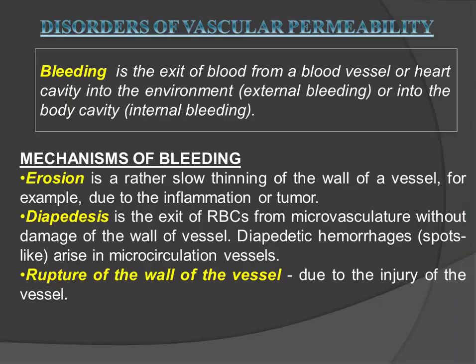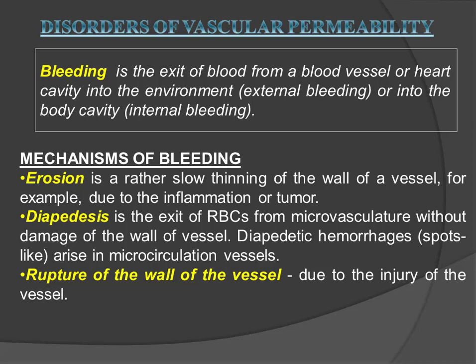In the next part of our lecture, we talk about disorders of vascular permeability. Disturbances of the permeability of the vascular wall are pathological conditions caused by disorders of the vascular wall, leading to violation of its integrity and permeability.